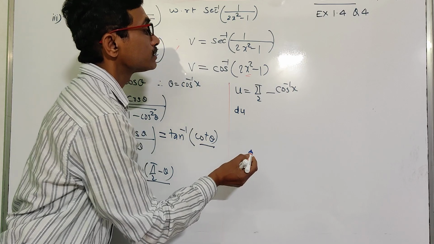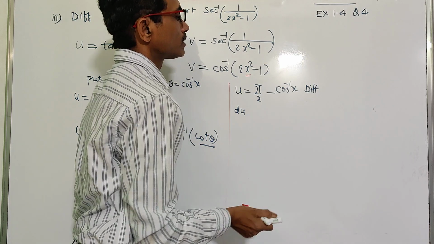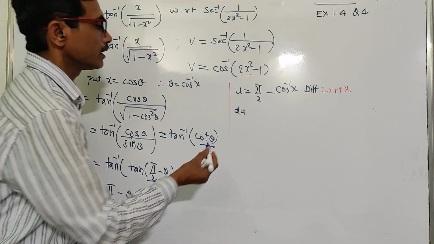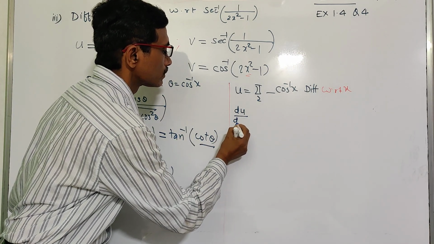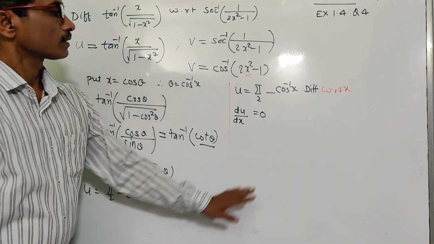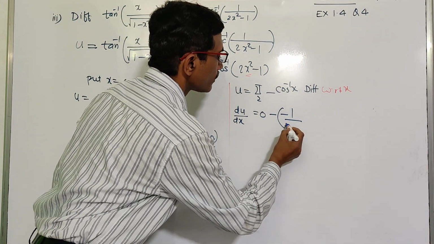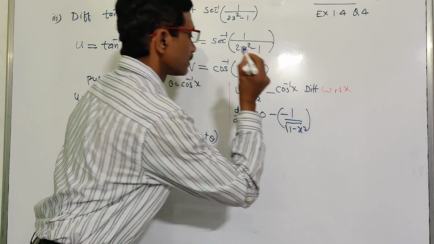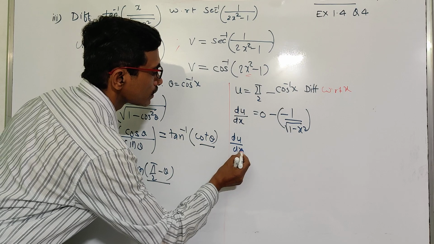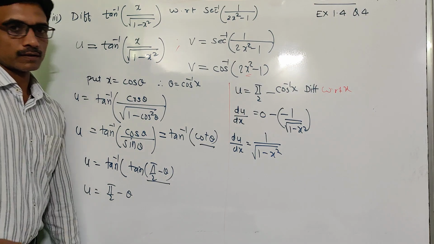Differentiating with respect to x, therefore du by dx is equal to pi by 2 constant, its derivative is 0, and derivative of cos inverse is minus 1 upon root of 1 minus x square, so this will be plus. du by dx is equal to 1 upon root of 1 minus x square.